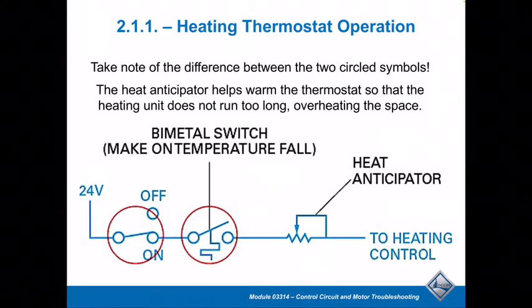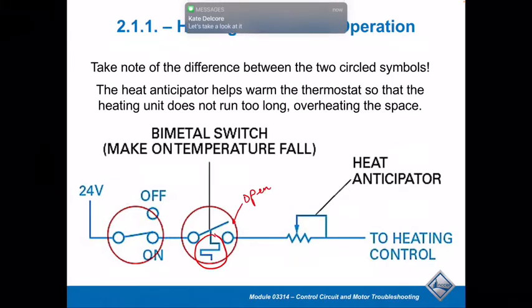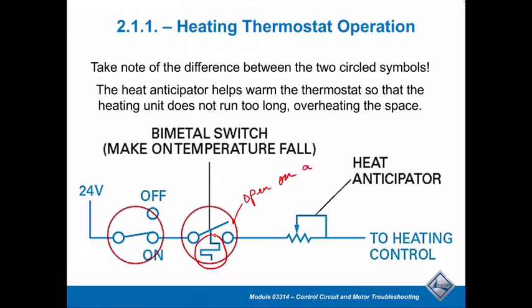The second part I want you to see is that the way they've drawn the symbol is important. This particular symbol is going to open on a rise. So if you look at this, it is designed to look like the bimetal. And a heating thermostat will open on a rise, is the way that's going to work.